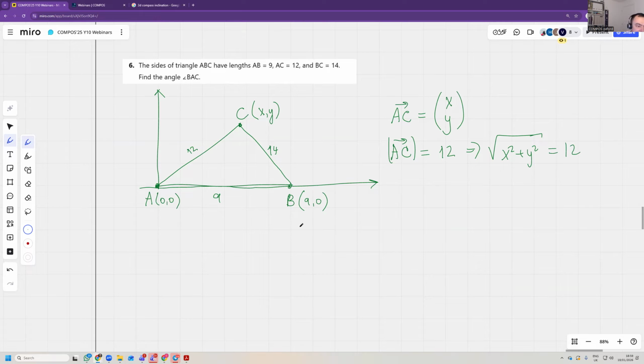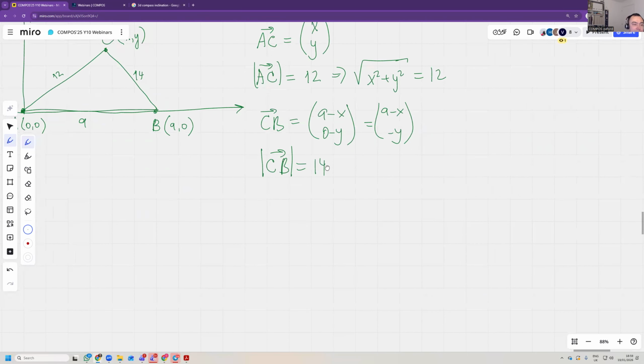On the other hand, we know that vector CB is 9 minus x, and 0 minus y. And we know that the modulus of CB is 14. And that means that the square root of 9 minus x squared plus minus y squared must equal 14.